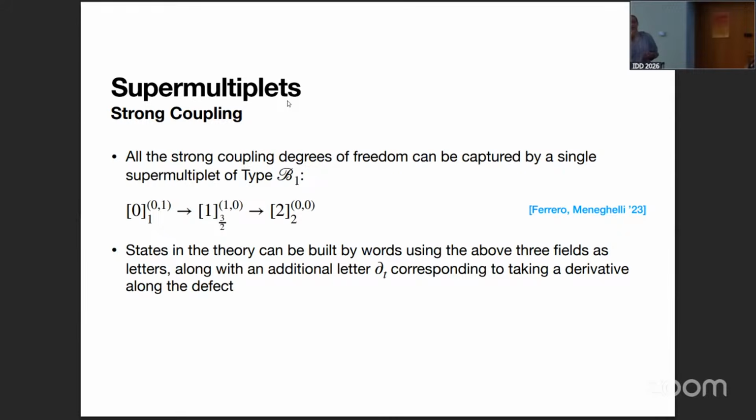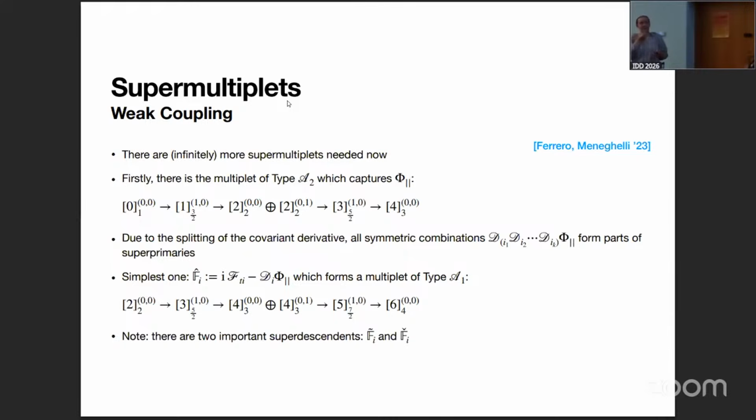And then, of course, we can also add additional derivatives along the defect. This is the so-called simplification at strong coupling, because all the other supermultiplets are just not there. They do not contribute, and we're left with this simple picture of one supermultiplet. In comparison, at much more complicated weak coupling, this, for example, is the multiplet which captures phi parallel.